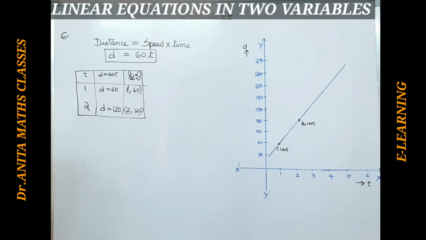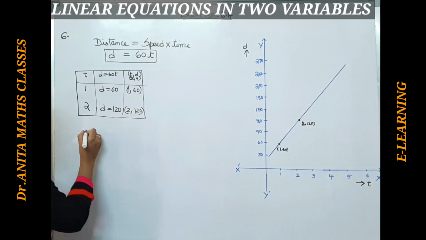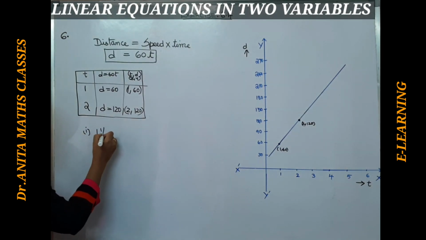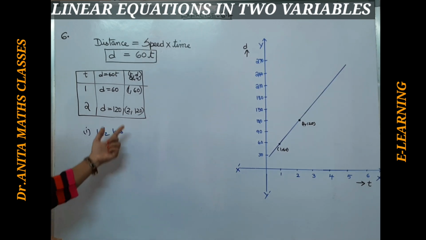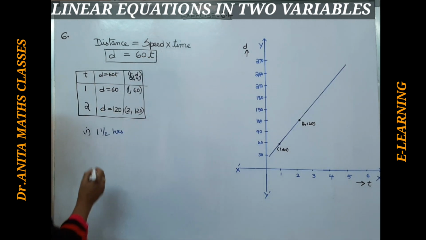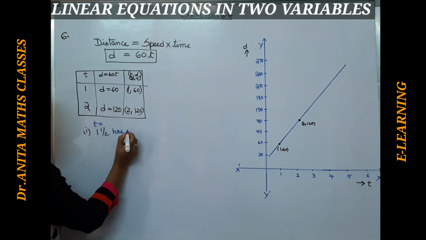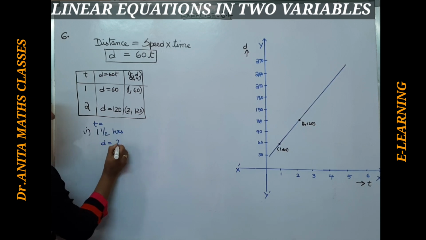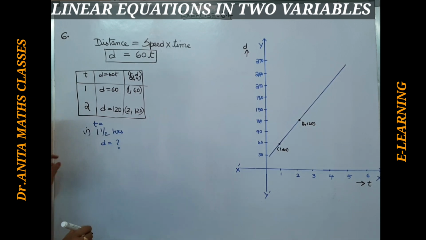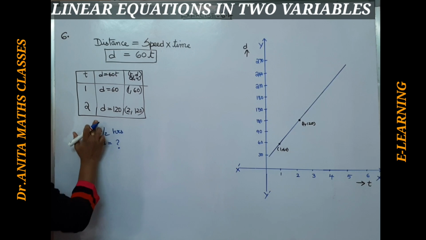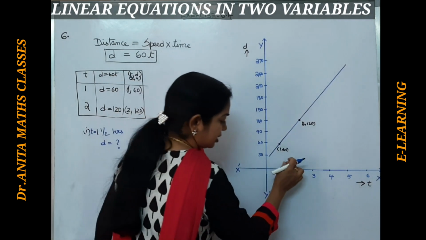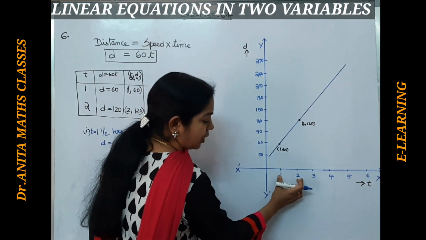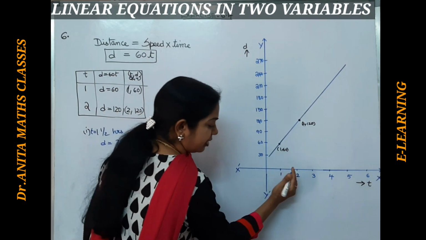Now from the graph only we have to find the distance travelled by Samira for the first bit, 1.5 hours. So 1.5 hours is our t value, and we should find the d value, the distance travelled. This is the first question. T is equal to 1.5 hours. From the graph only, we should not substitute. So 1.5 means between 1 and 2, 0.5. So 1.5 means this point.